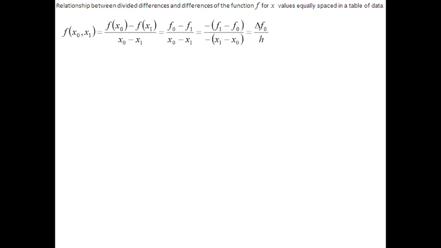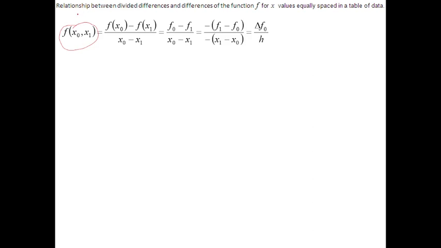So we have here the relationship between divided differences and differences of the function f for x values equally spaced in a table of data. So this is the derivation of the formula. This is divided differences.